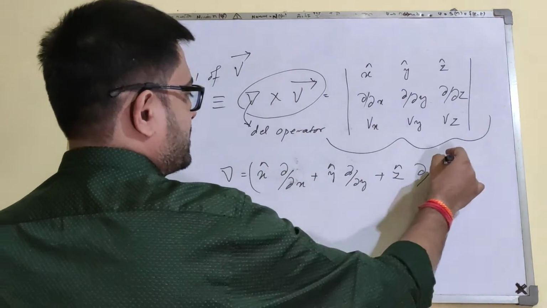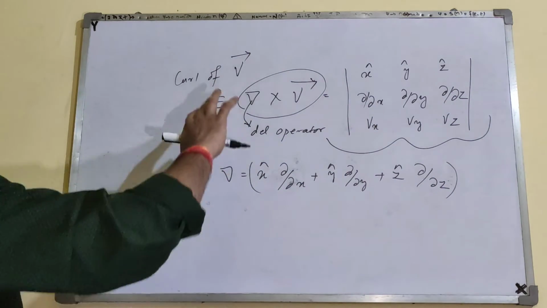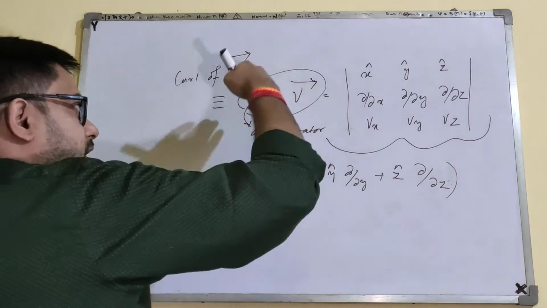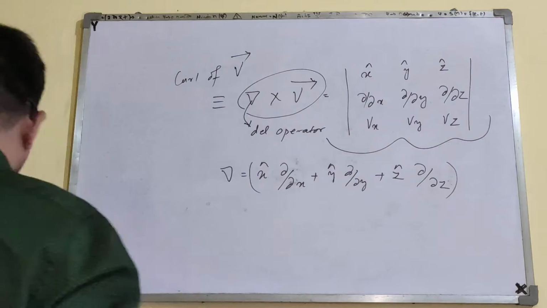So this is just a vector operator, okay, but there is a crossing of the del operator and the v vector, which is actually a vector field. So first of all, let's understand what's a vector field.